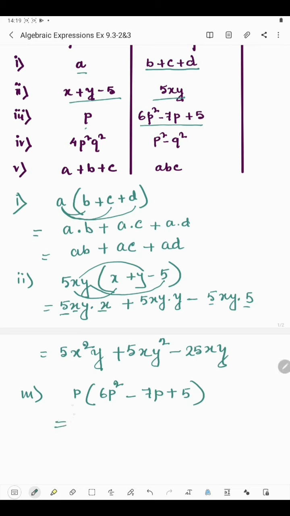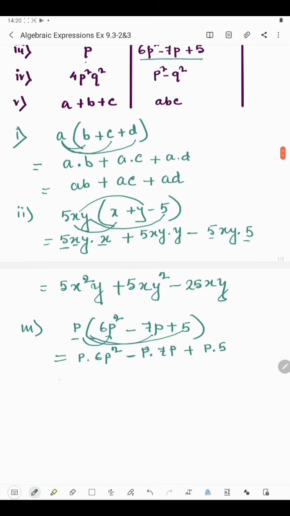So p into the first term of the trinomial, so p into 6p square, then we have minus sign, then p into the second term, which is p into 7p, then we have plus sign, again p should be multiplied by the third term, so p into 5.